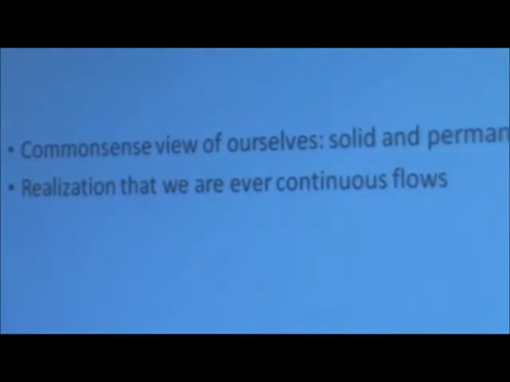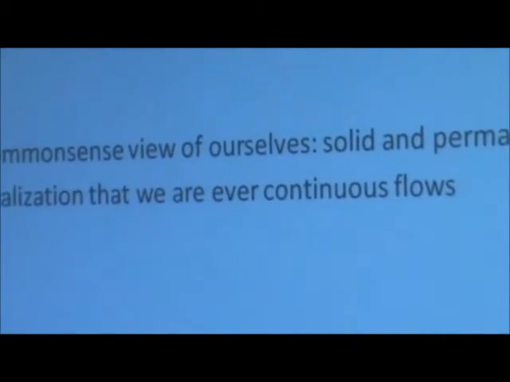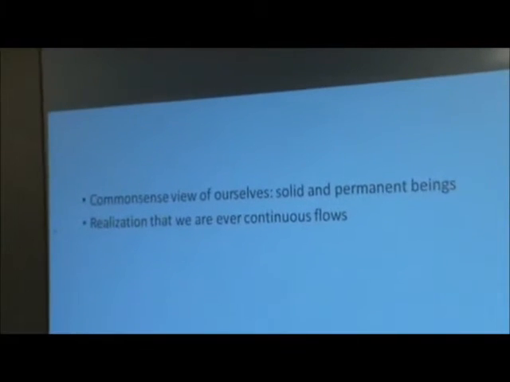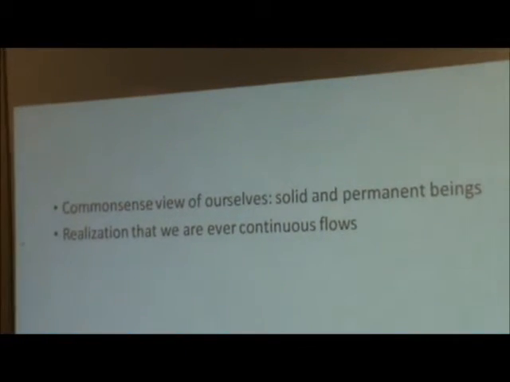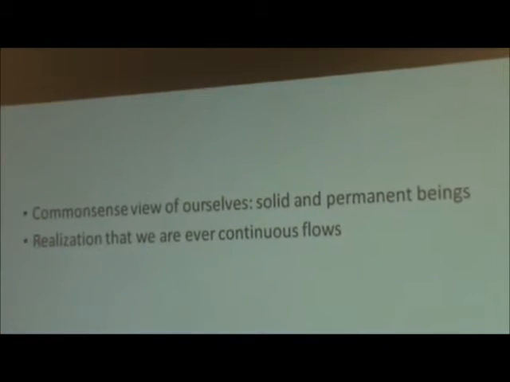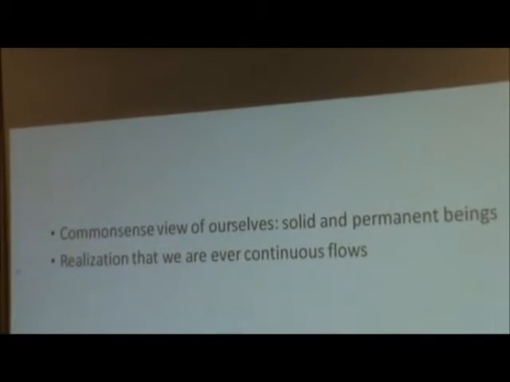Clinging to these aggregates actually perpetuates the very aggregates. That is the point. So it's a self-perpetuating process. Once you remove the clinging, it slows down the perpetuation, and then finally it stops being perpetuated by itself. So we not only have 5 aggregates, we have grasping to 5 aggregates, which is this craving.